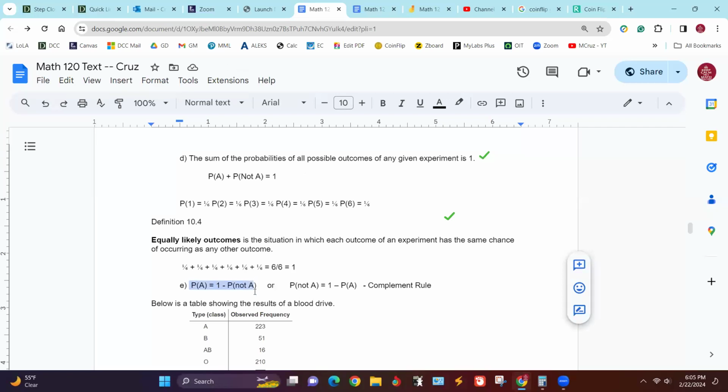And the flip side of it is, if we solve for this part by subtracting, then that would be 1 minus P(A). So there's two manifestations of it. And in the 120 ALEKS, there are some problems where they ask you to use that. All you're basically doing is, they're giving you this and they want to know this.